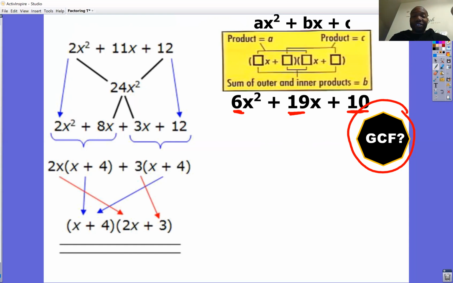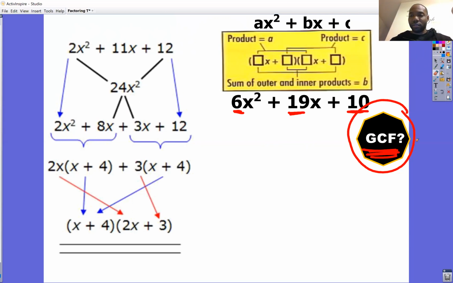If it was 1, there's no other number that they all have in common other than 1. But since a is not equal to 1, we have to ask ourselves, is there a GCF? So I have this image over here, and I'm gonna use that same image to do our problem that we just went through and solved on our own.